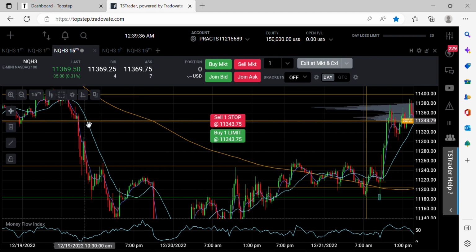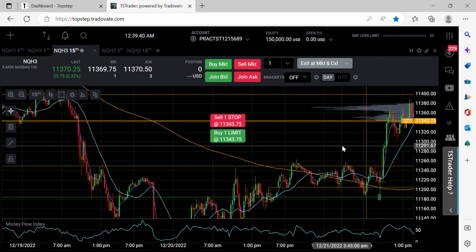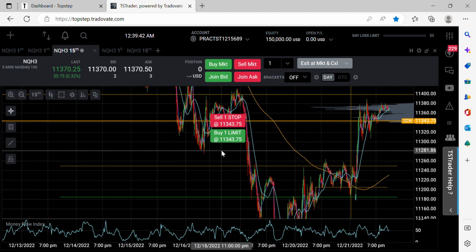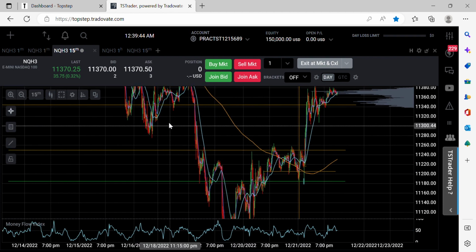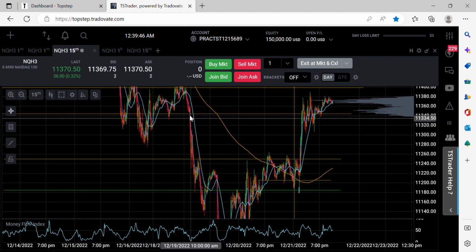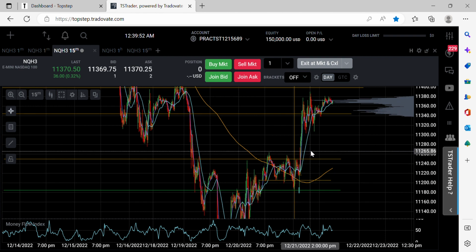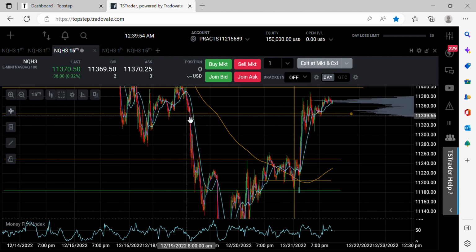Which is almost the top of the smile, right? And you know I love the smiles. Let me get out of that. So as you can see, going all the way back to the 19th, we're actually completing the smile.